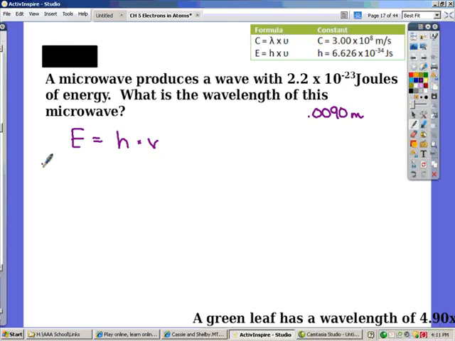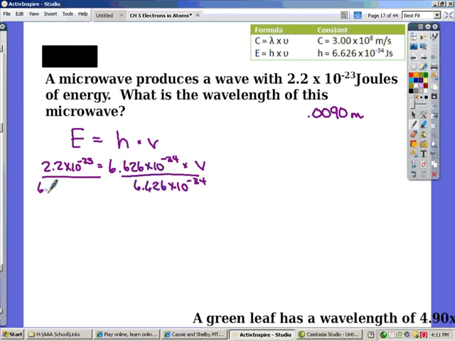So the energy I can plug in is 2.2 times 10 to the minus 23rd. And Planck's constant stays constant. And I'm solving for my frequency. If I take this, do my algebra to it, those will cancel out.